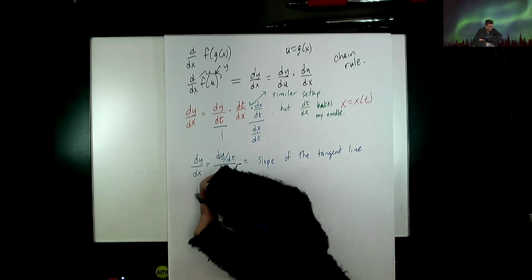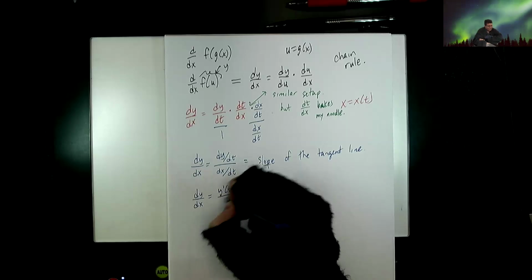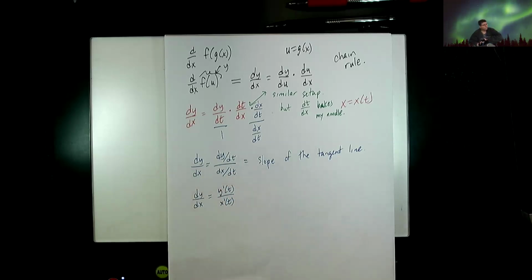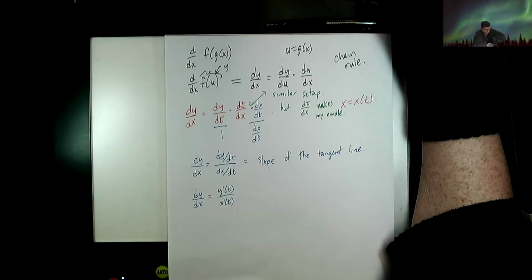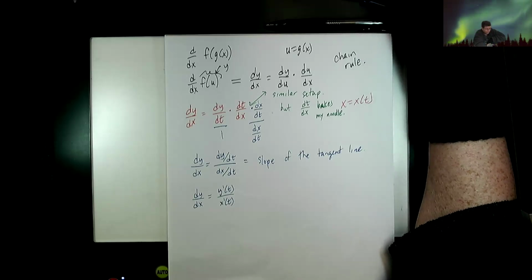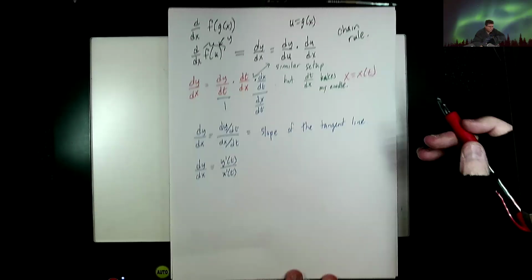Another way of looking at it is y prime of t over x prime of t. I think that helps because we're going to be looking at x's and y's in terms of t's, which leads to some interesting setups.